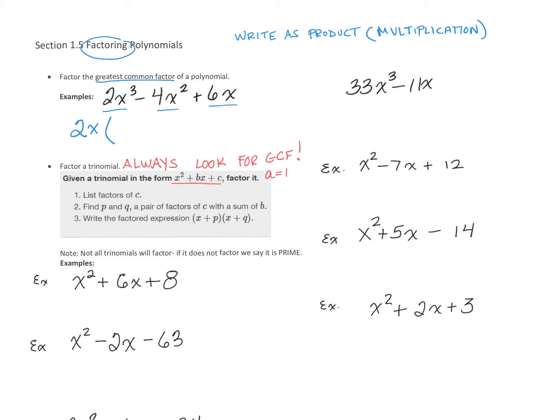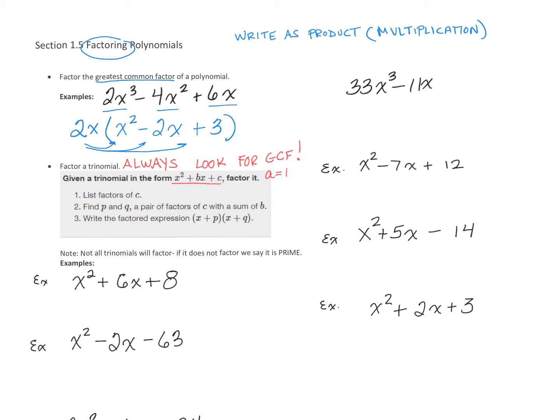Now, when I say I'm factoring it out, I'm dividing it out. And so when I take out a 2 and an x, I'm left with an x squared here. Here I'm left with a minus 2x and then a plus 3. You can check yourself by distributing back through and making sure you got what you started with.